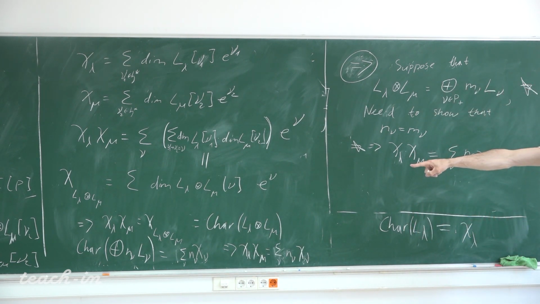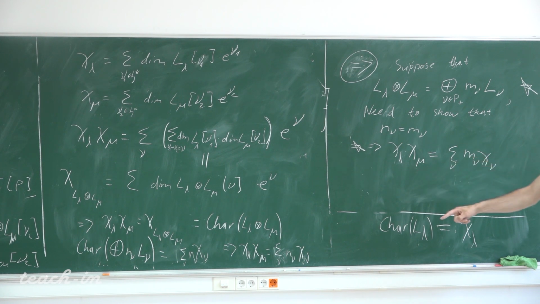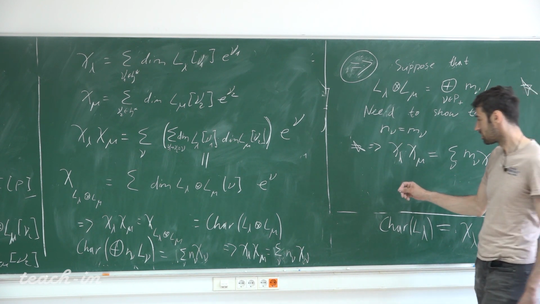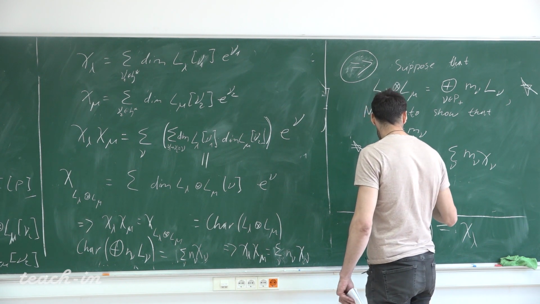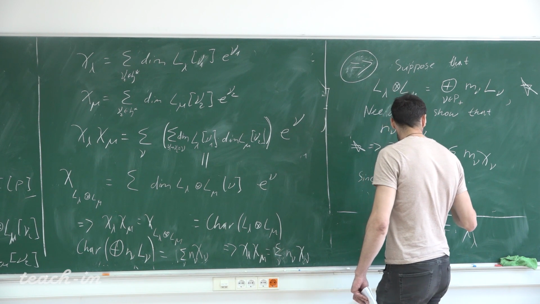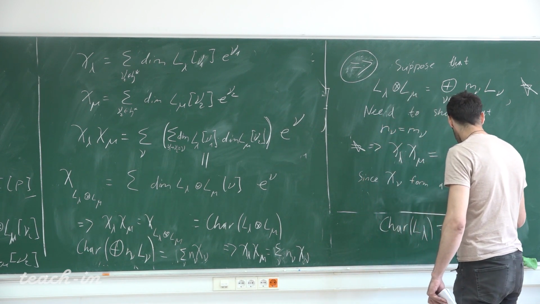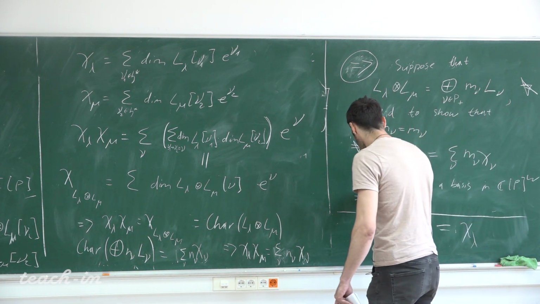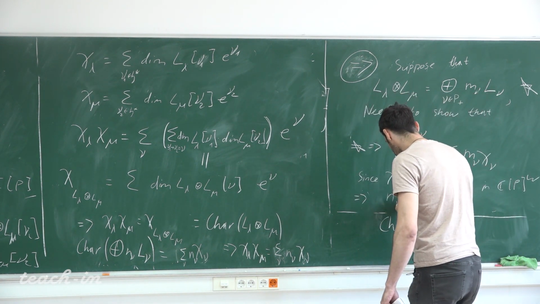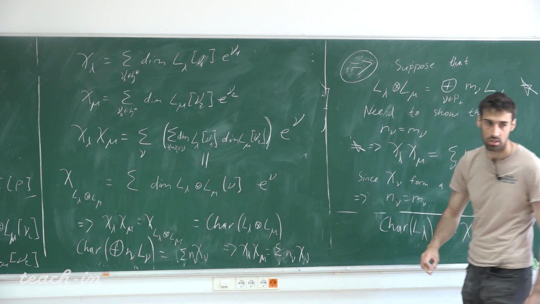This is exactly what we showed in the first direction. But we also have the similar decomposition with n nu here. But since the ch nu form a basis in C of P, these coefficients should coincide. So n nu equals m nu.